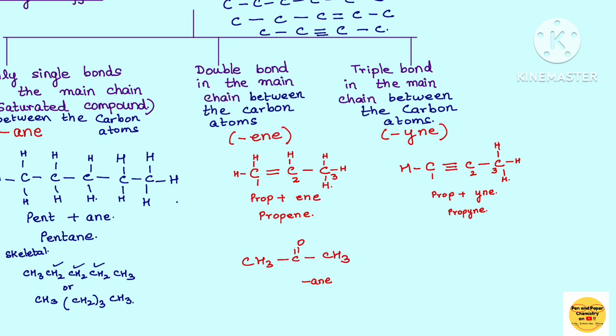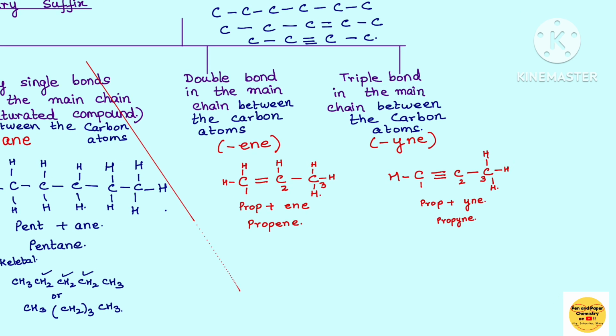So now that you know about compounds where there is a double or triple bond in the main chain between the carbon atoms, which are respectively known as ene or ine, we can give a specific name to this category of compounds and they are known as, yes, you saw it earlier.